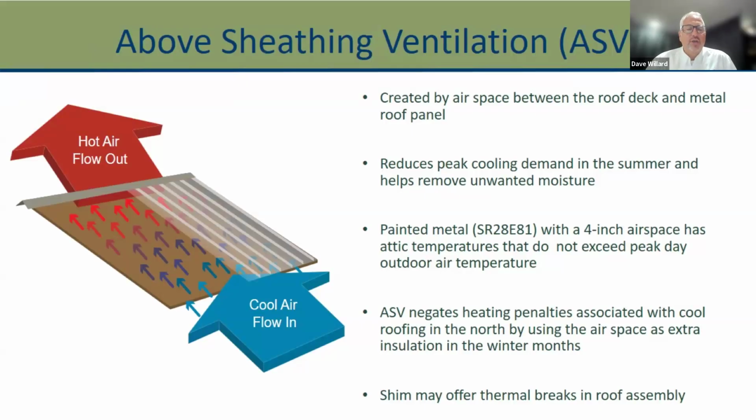It also acts as an insulator in the winter months when it's cold, because you have that extra layer of air between the panel and the roof. The shims are also thermally broken in that roof assembly. We do have a presentation on ASV shims, talking about the perfect roof and how to design that. So you have this metal panel as a cool roof technology.